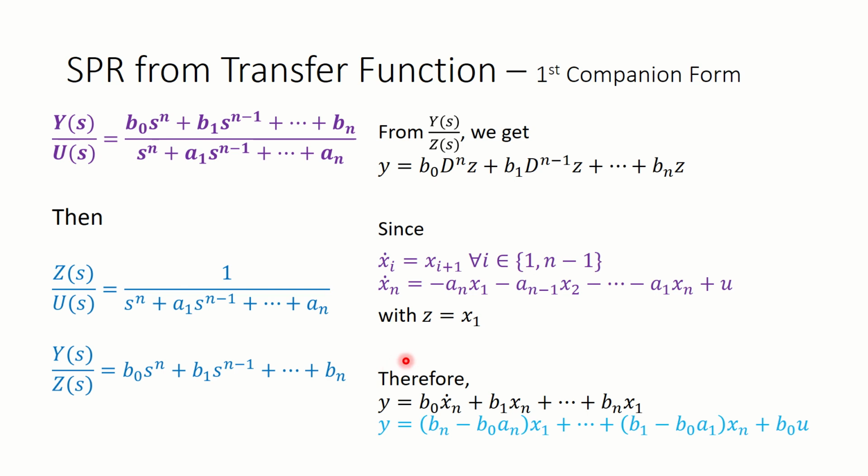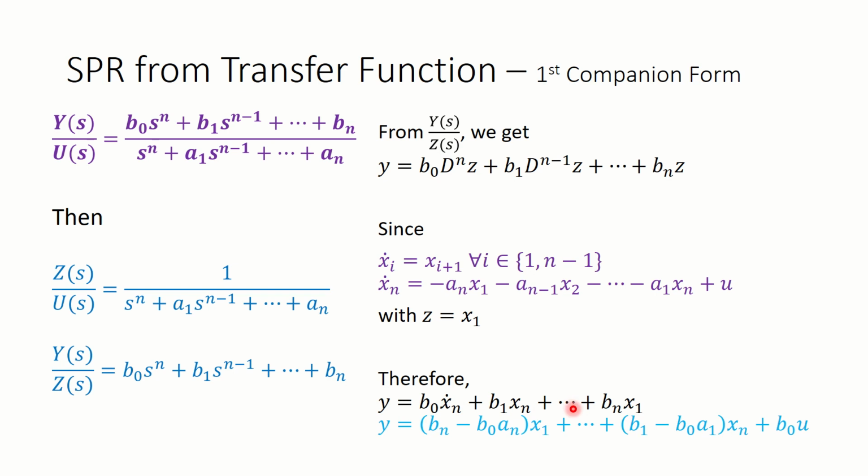Since z was x1, the y equation can be represented in terms of the state variables that have been defined, because z is x1, dz is x2, dn minus 1 z is xn, and dn z is xn dot. This we have already understood. So we write y in terms of these state variables.